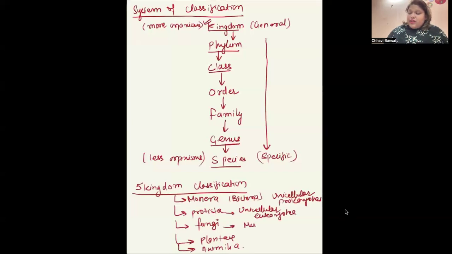Fungi has multicellular eukaryotes. And then Plantae has plants, and Animalia has animals in it. Okay, so this is a very rough and very basic introduction to the system of classification that we are going to study in animal kingdom.